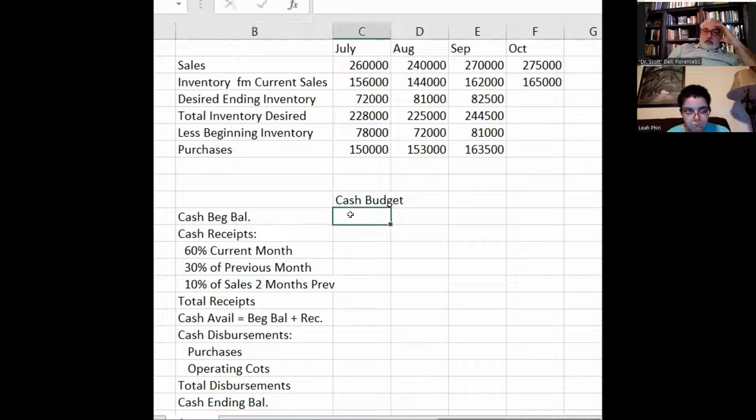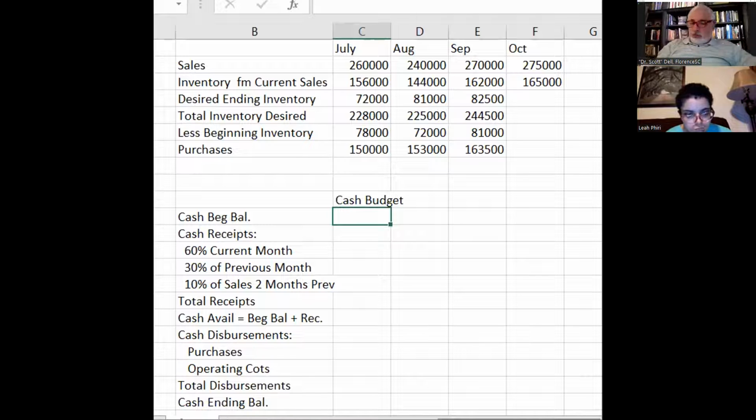Okay, so now we have to go in and say, well, what's our beginning balance of cash? Are we fed that number somewhere? What's our beginning balance in the problem? It should tell us. 125,000. 125,000?